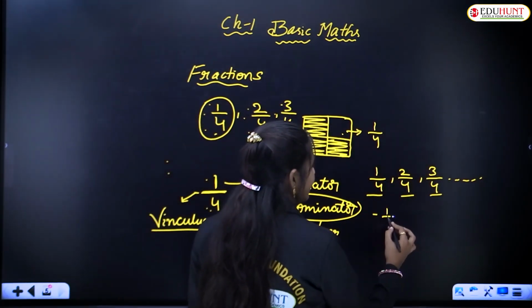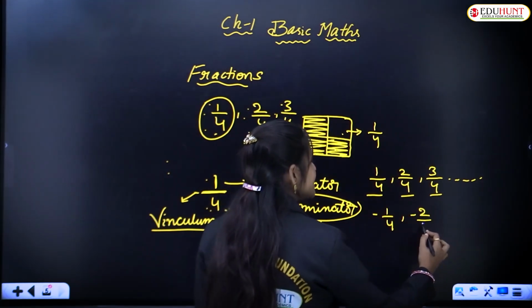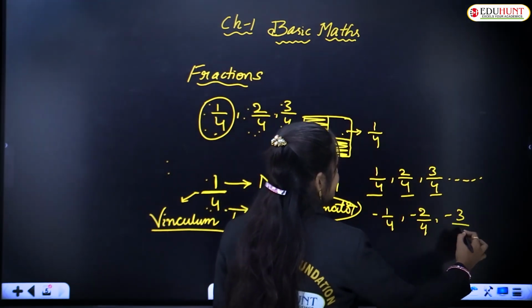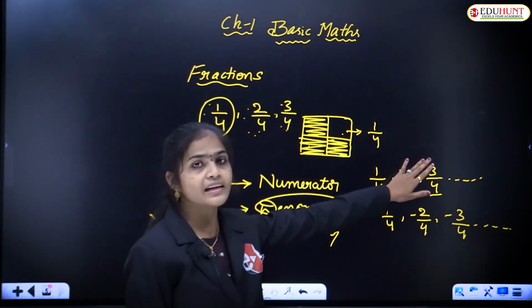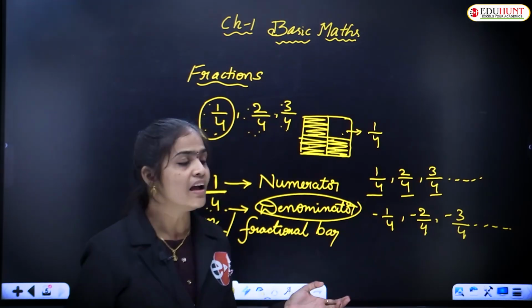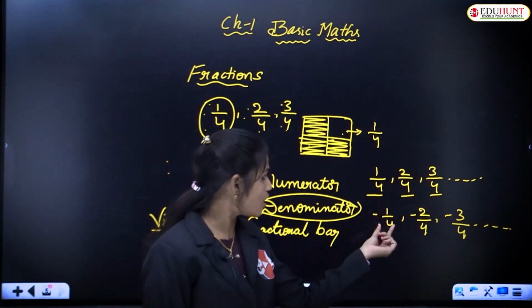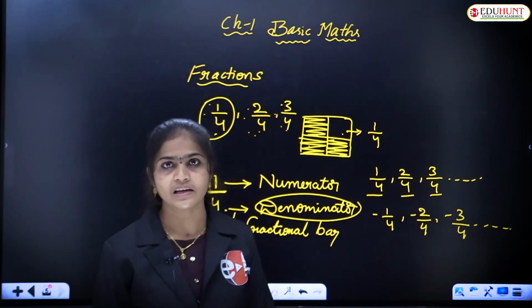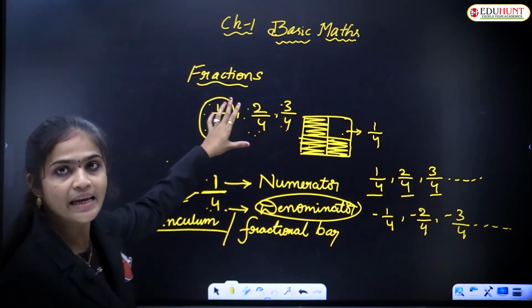And if you take negative numbers, with a negative sign, minus 3 by 4 and so on. These are all positive fractions and these are all negative fractions. So we can say non-integral positive fractions and non-integral negative fractions. This is about fractions. A fraction is also in the form a by b.